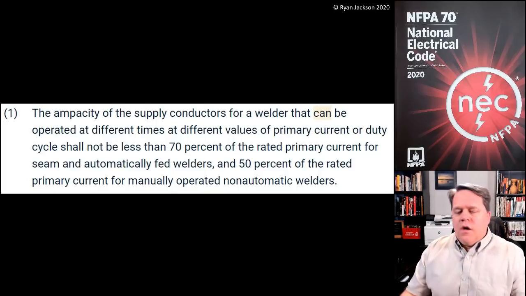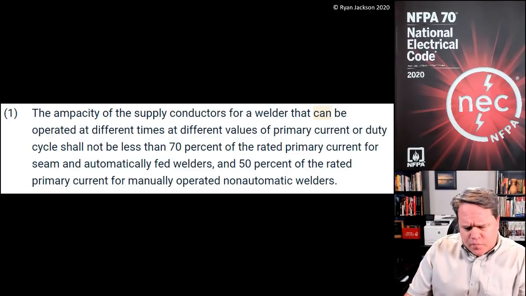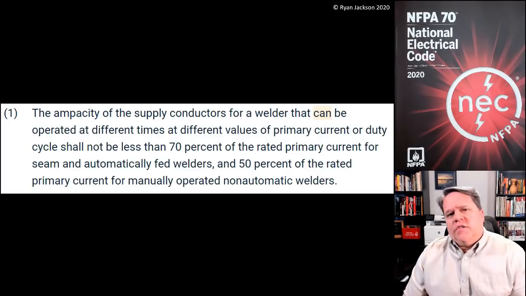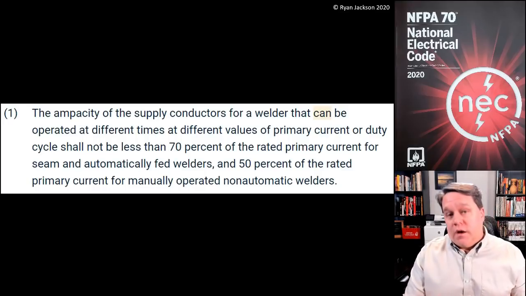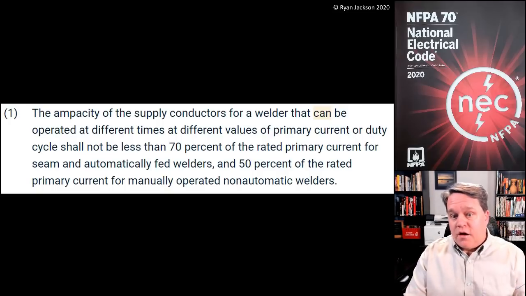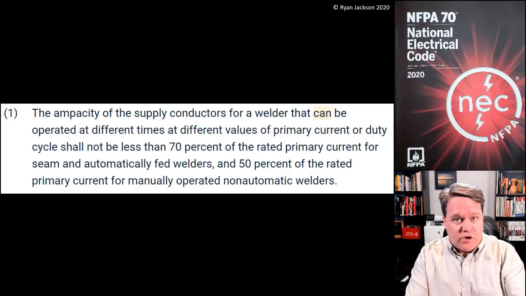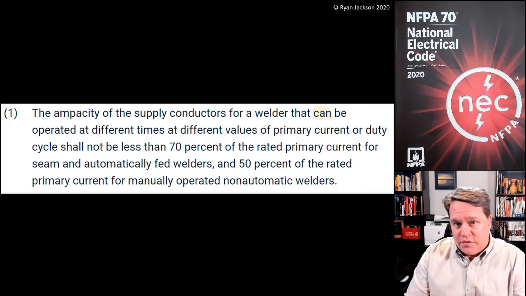All right, so item 1, when it comes to ampacity, is kind of strange, but remember with resistance welders, a lot of times this could be part of an automated process. So robotics, where the welding is automatically fed and the operation is all automated, and it could be doing all sorts of different things throughout the day.